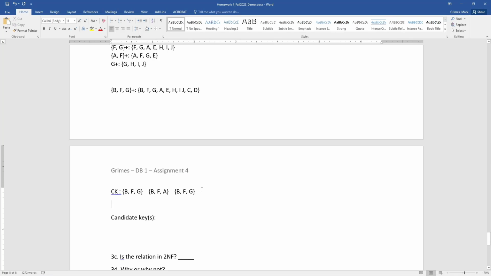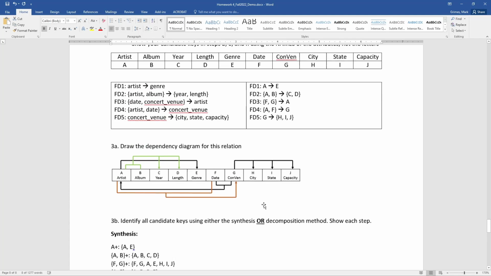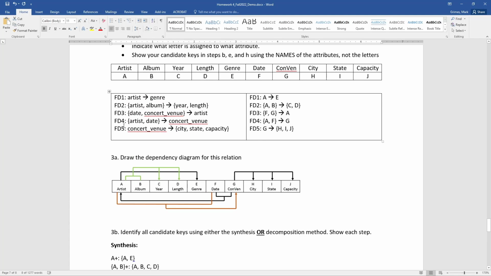We know that there are not any additional candidate keys. So I think we just have these two candidate keys, BFG and BFA. Or another way to say that would be album, date, and concert venue, or album, date, and artist.